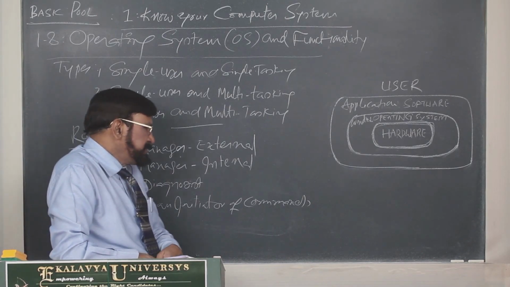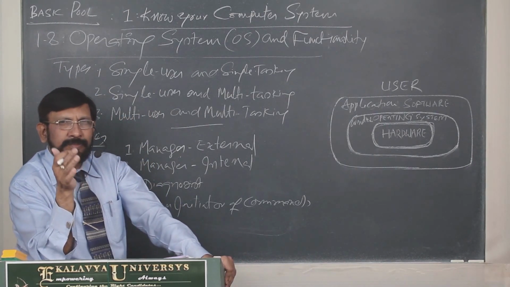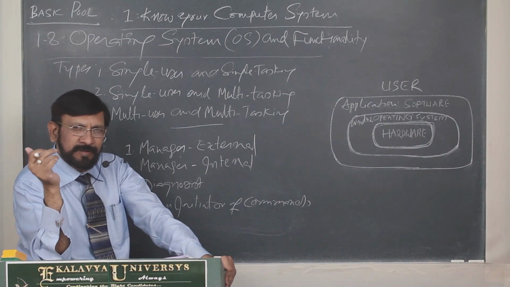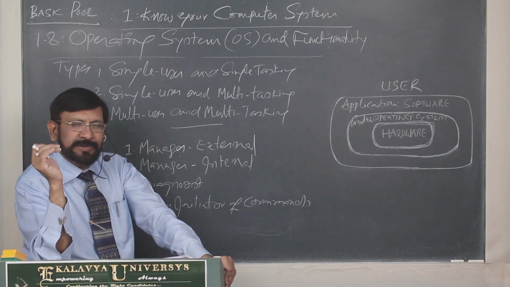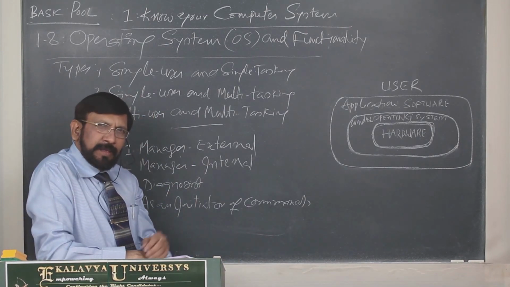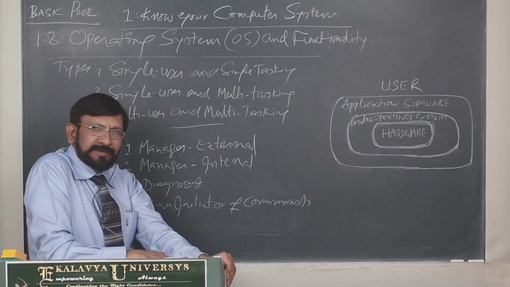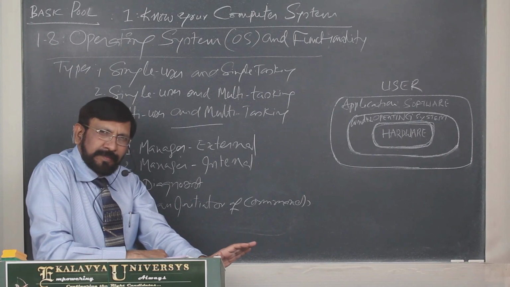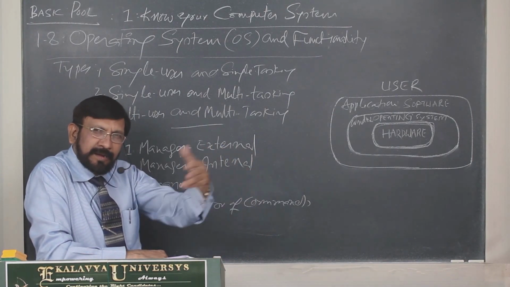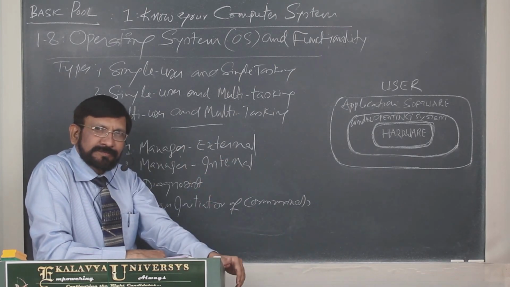Thereafter, as an initiator of commands, we give commands to a computer through a keyboard or a mouse or a touch screen. Several input devices are there. We give the instruction to a computer. Then the operating system first checks the validity of the instruction, and if the instruction is 100% correct and compatible, only then does it initiate the execution.